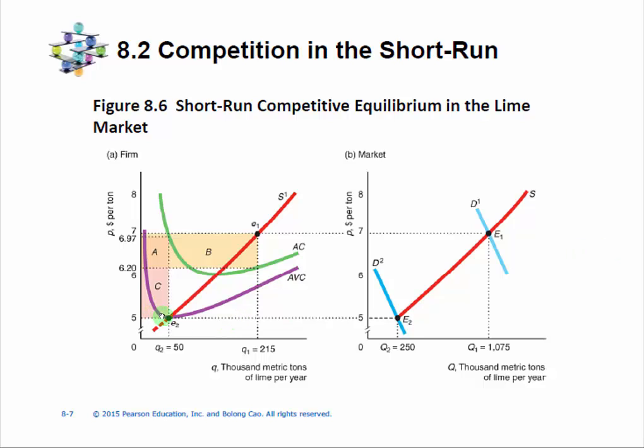Remember, even though in the short run this is a loss for every firm, they do not shut down because the fixed cost is sunk. They can cover their out-of-pocket expenses, the variable cost, by selling at $5. This is the short-run competitive equilibrium. 2 different demand levels, 2 different price levels. So in the short run, the firm can face a short-term profit or a short-term loss.